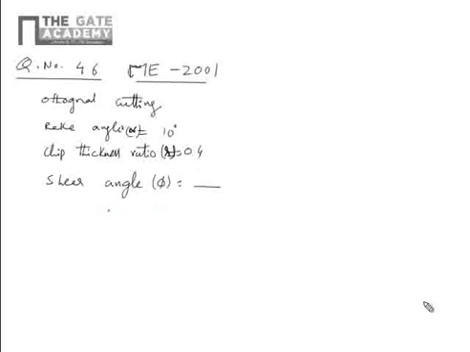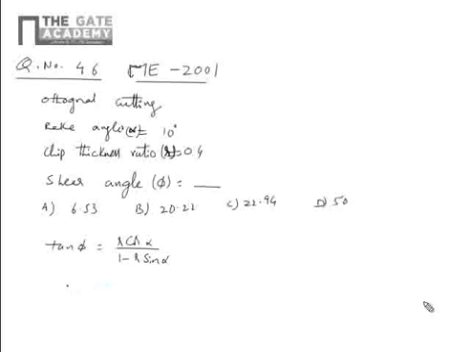We know there is one formula to calculate it. The options: A is 6.53, B is 20.22, C is 22.94, D is 50. We know tan phi equals r cos alpha by 1 minus r sin alpha.